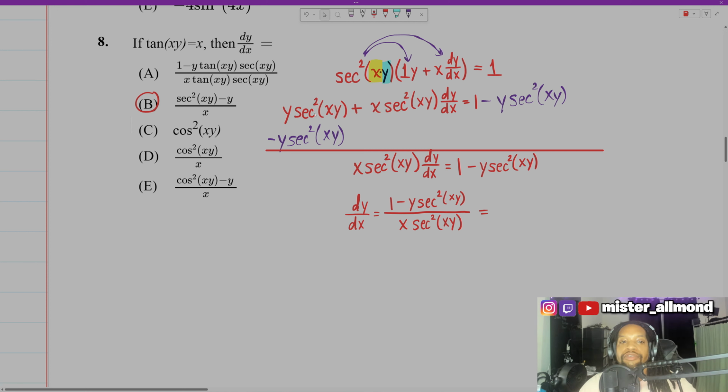Maybe whenever I rewrote it the way I did, I shouldn't have. Don't distribute, multiply both sides by cosine instead. Oh yeah.